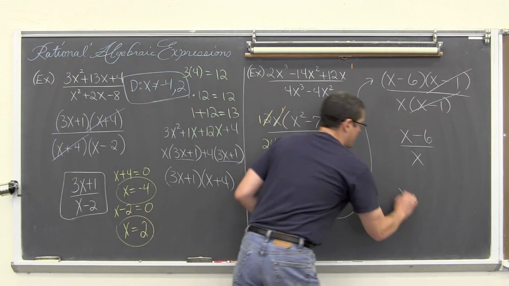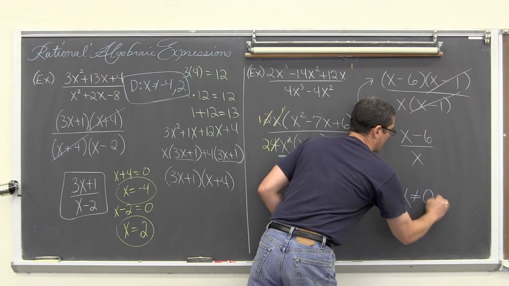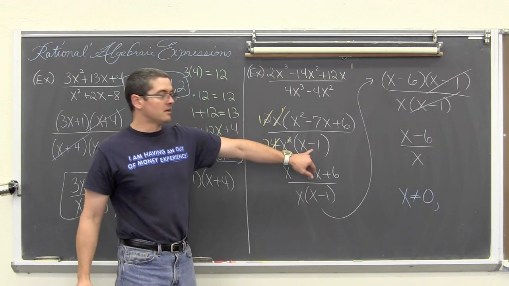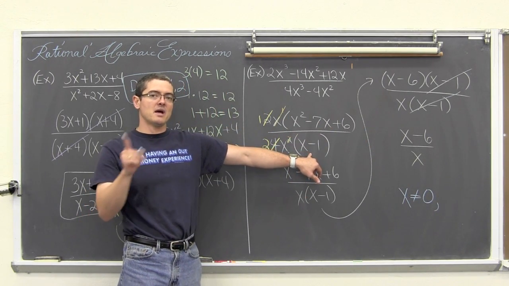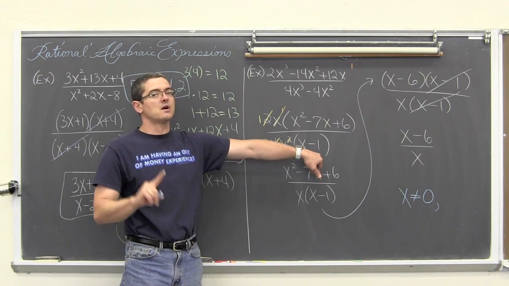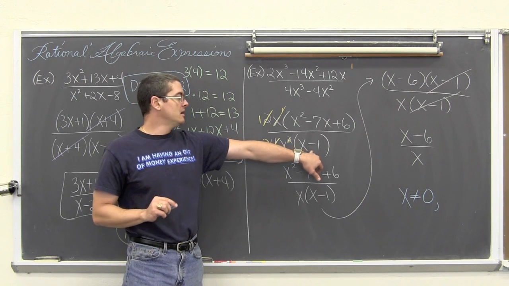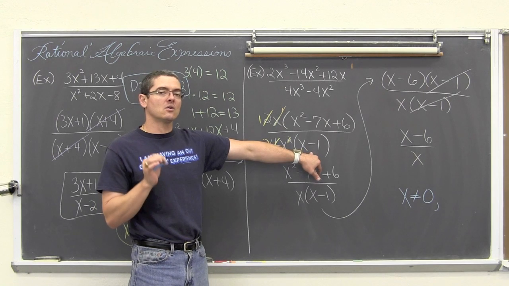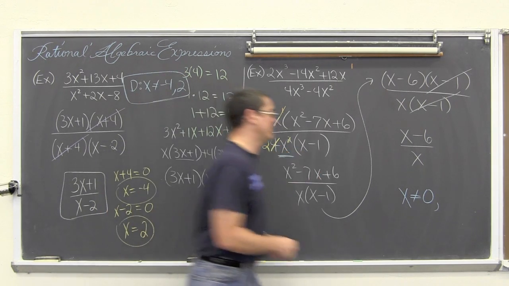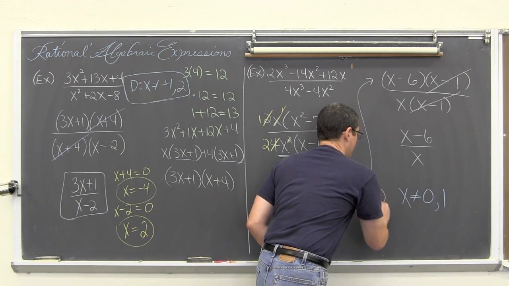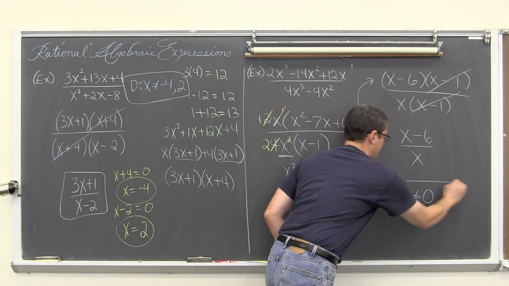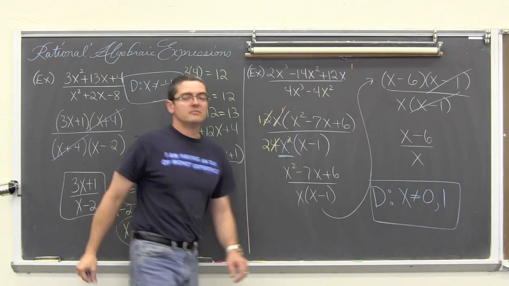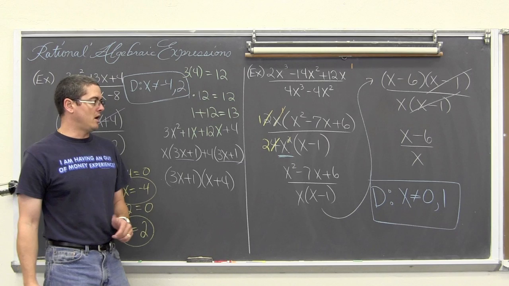So x cannot equal 0, and if you make a little tiny equation on the side, x minus 1 equals 0, and you solve that by adding 1 to both sides, you'll find out that x also cannot equal 1 because you'll divide by 0 again. So your domain for the original problem is x cannot equal 0 and 1.